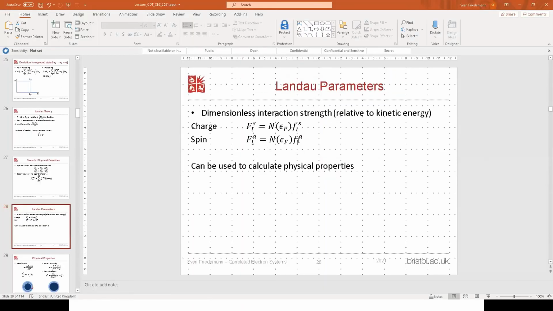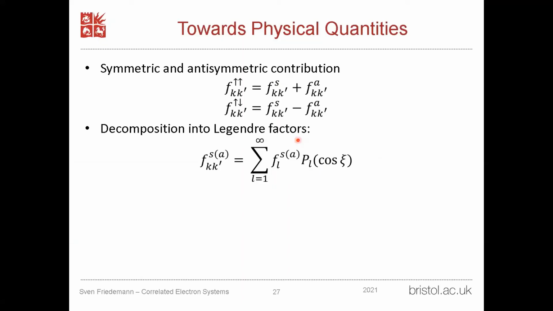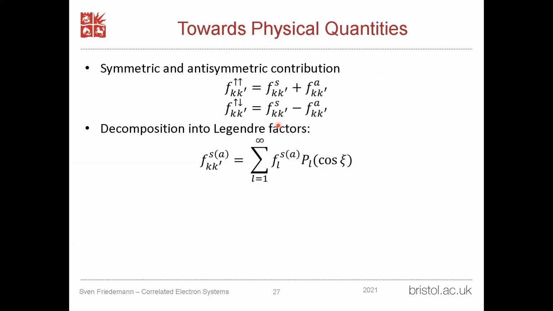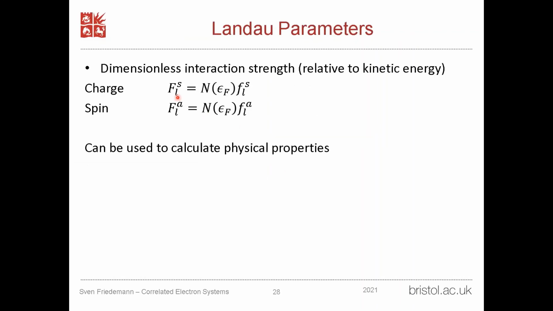The connection that I do want to make is how they link with experimental properties. And that's done by further steps. So these coefficients, as we had them here now in the Legendre polynomials, they do link to what's called the dimensionless interaction strength. So they are now essentially relative to the kinetic energy.